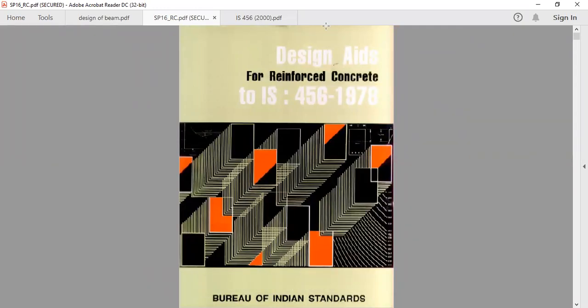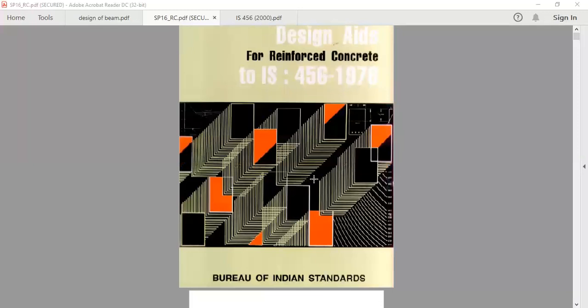Design aids are there, meaning IS 456 design aids for reinforced concrete to IS 456. Though the code is there, the design aids are the same. So this is also helpful. It is also called SP16.